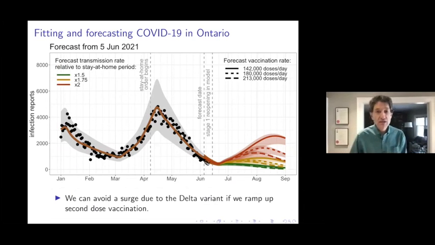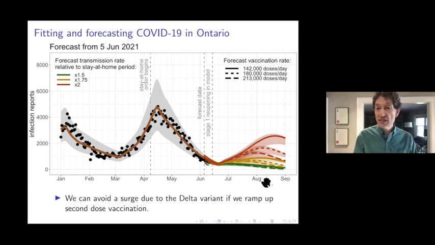This is our current forecast. So this was submitted just this week. And the date of the forecast, which was June the 5th, is here. Again, the black dots are the observed data to which we fit the model. And these circles are the data that occurred since we made this forecast. So it's continuing to follow these curves.